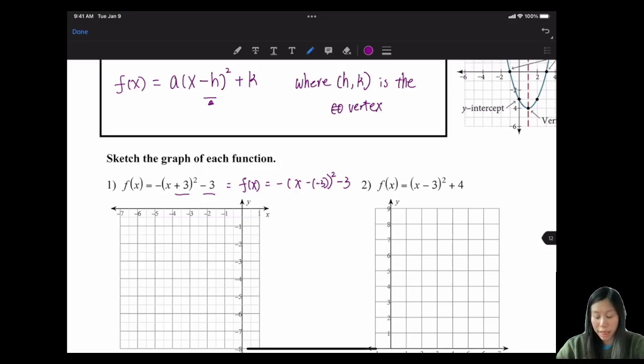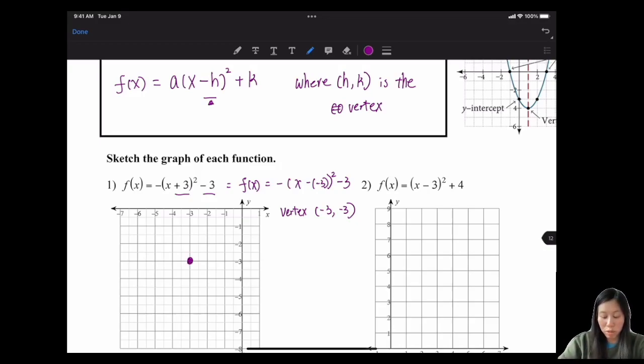And we write it as x minus the x coordinate form, which is our h. So that means our vertex is negative 3 and negative 3. It's in here.